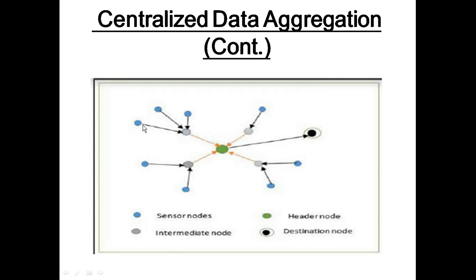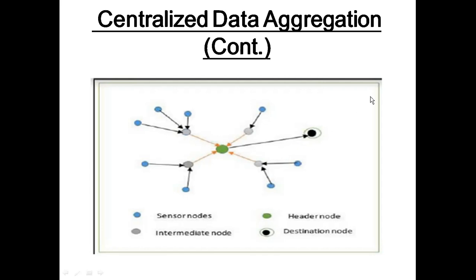The header node is responsible for processing the data, for combining various types of packet data into a single packet and transferring that single packet to the final node, which is the destination node. This destination node is connected to the user or to the cloud.